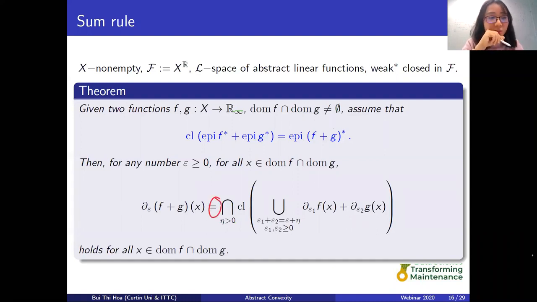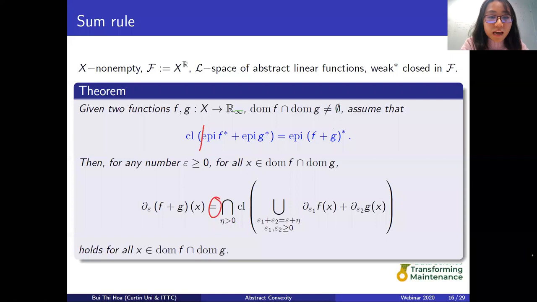The assumption we are using here extends the sum rule of Jeyakumar and his co-authors. The assumption in that sum rule is that the epigraph of F star added to the epigraph of G star equals the epigraph of the conjugate of the sum.